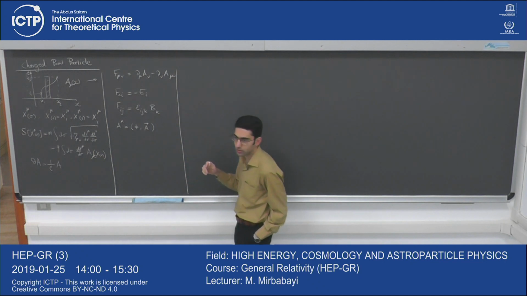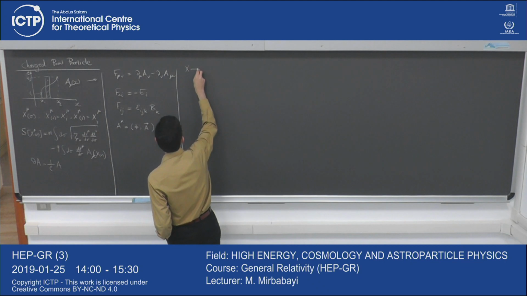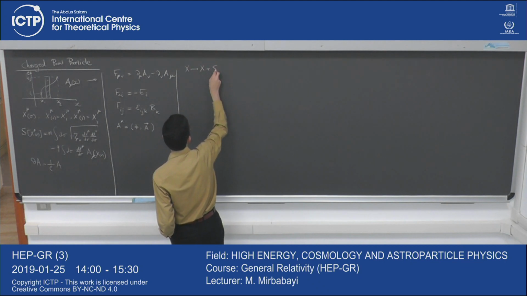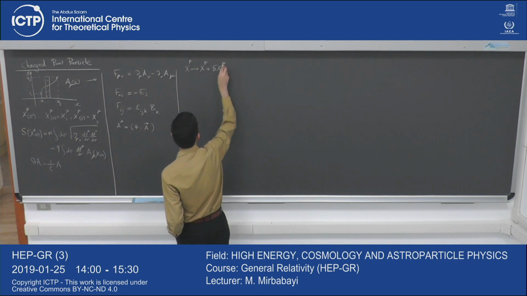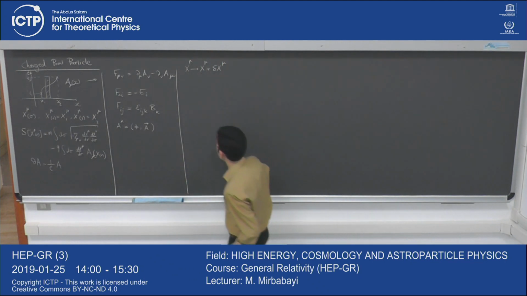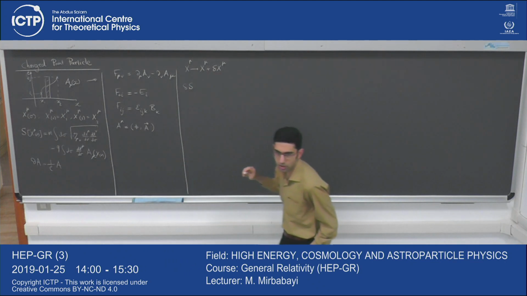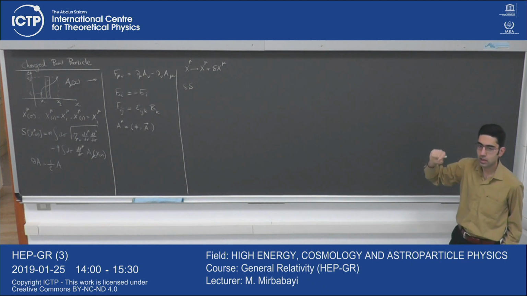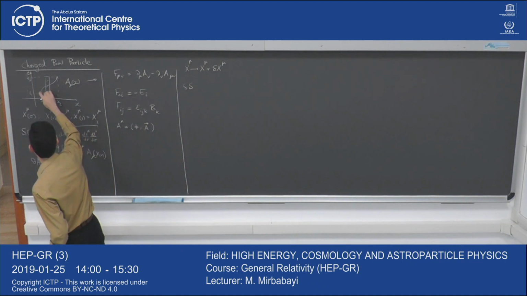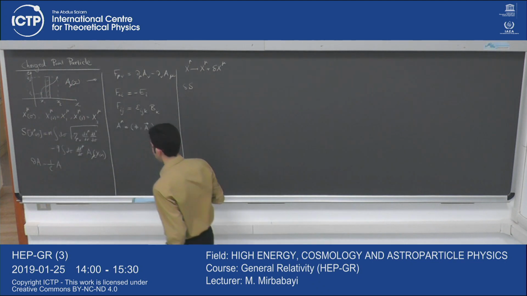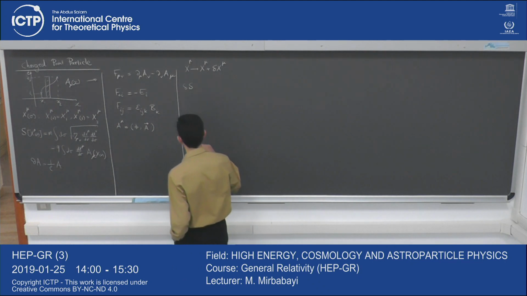We do a variation of the action. We take x mu going to x mu plus delta x mu, and ask how the action changes under this variation. The assumption is that delta x mu vanishes at the end points, so at this point and that. That allows us to do integration by parts, for instance.